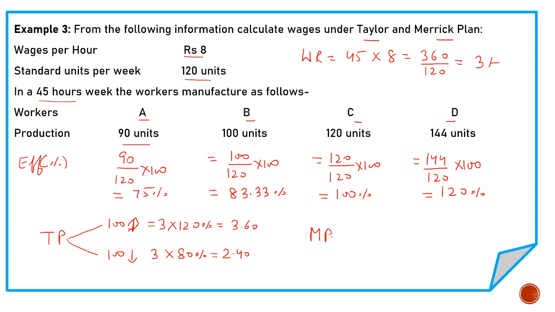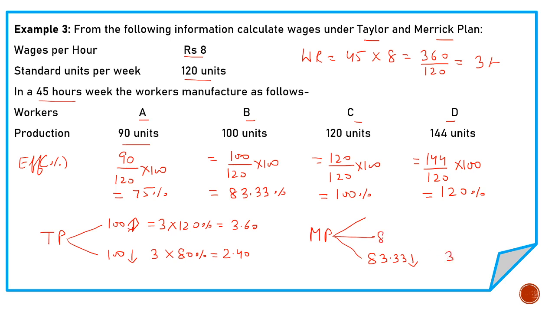In case of Merrick plan, there are 3 efficiency plans, multiple plans. Number 1: if his efficiency is less than 83.33%, then the worker is given at least minimum wages, that is normal piece rate, that is rupees 3.